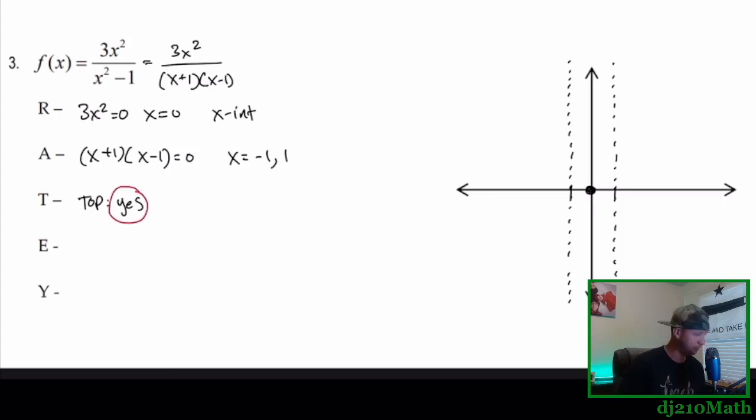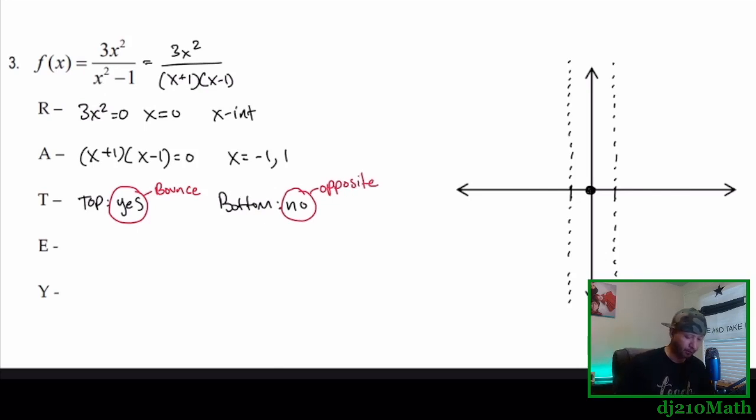This means that at the x value in the numerator, where it's equal to 0, the x-intercept is going to bounce. And is there a square factor in the denominator? No, there's no squared factor in the denominator. So that means that the branches are going to go opposite of each other.